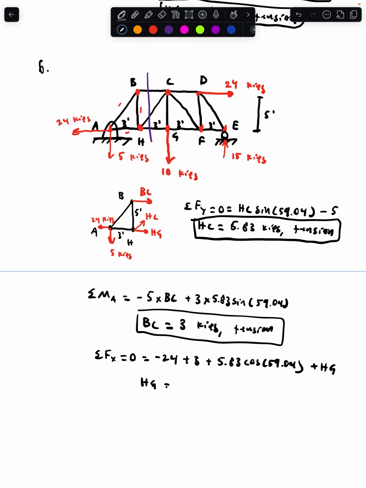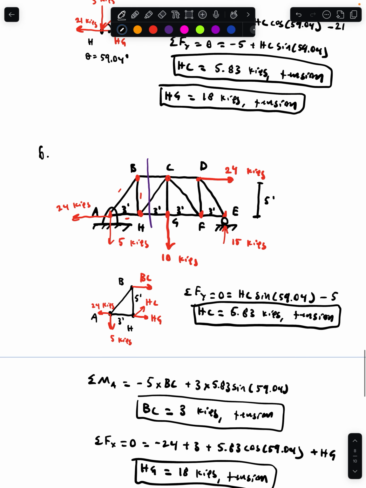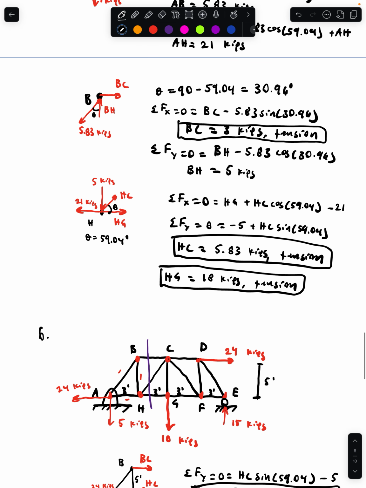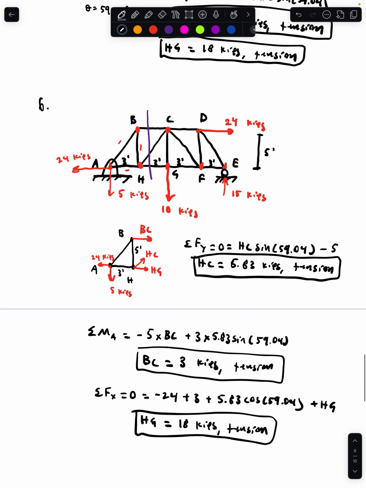So HG is going to be 18 kips, and again that is in tension. So as you can see, we have the same answers, which is what we should have gotten, because this is just 2 different ways of solving the same problem.